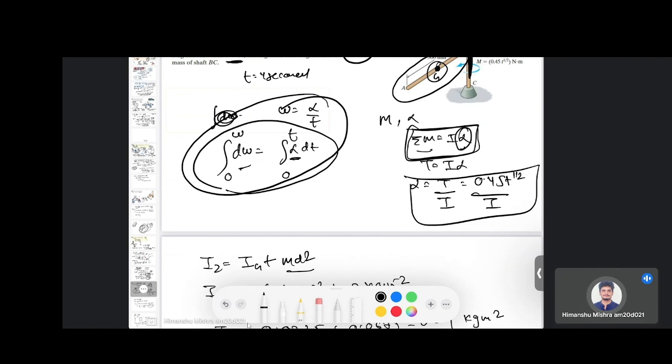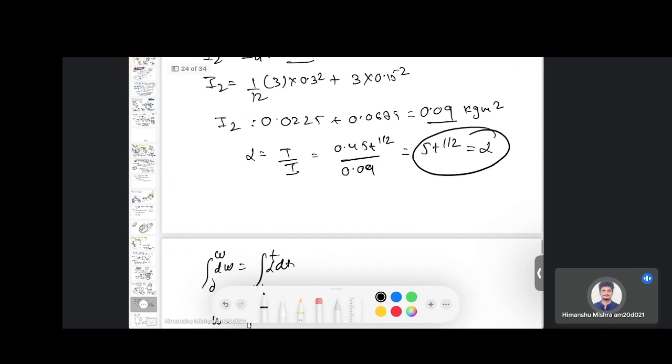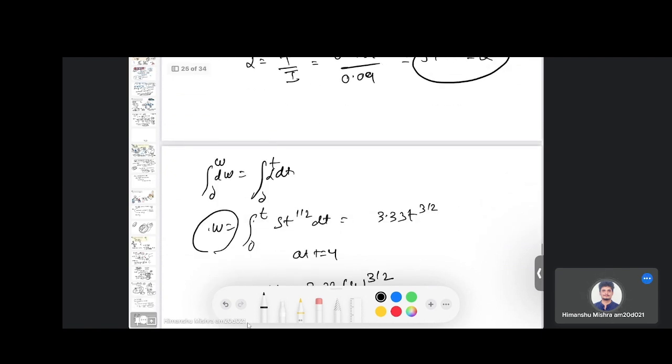we can use the kinematics relation, because the rate of change of angular velocity is the angular acceleration. I can use this equation to integrate, and then I can define my angular velocity for a given integration limit.